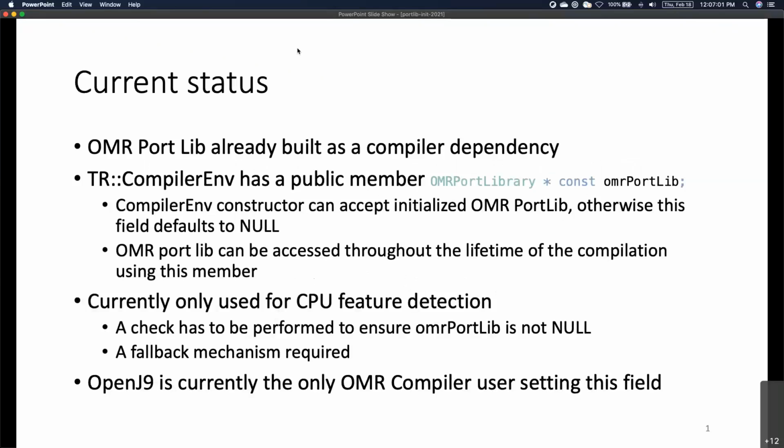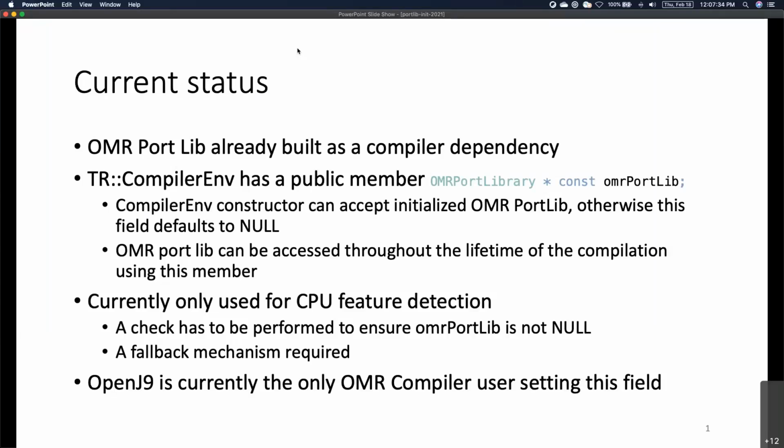Recently, within the last year, a few changes have happened where the compiler has a member for the OMR port library, which is where we can access the OMR port library throughout the compilation, and it defaults to null unless the initialization of the compiler class happens with the initialized port library.